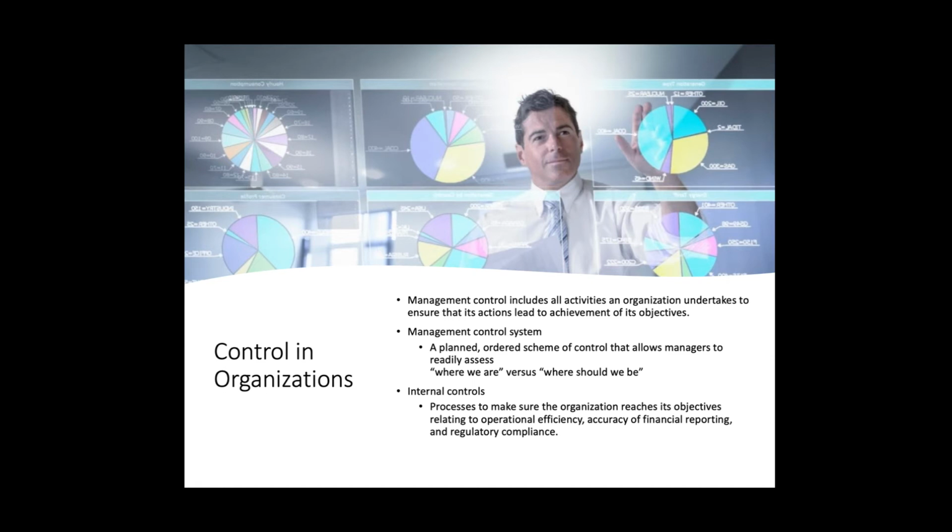You see that described as the third bullet point here on the slide. Internal controls are the processes that make sure you're reaching your objectives relating to efficiency, accuracy, and compliance in all of these realms, not only regulatory and financial and operational, but every type of efficiency, financial reporting, and regulatory compliance.